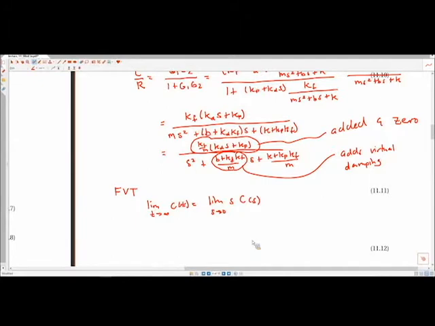And so if we're saying this is the step response, we know the form of R, that's A over S. Okay, and then just putting in this transfer function in this location.